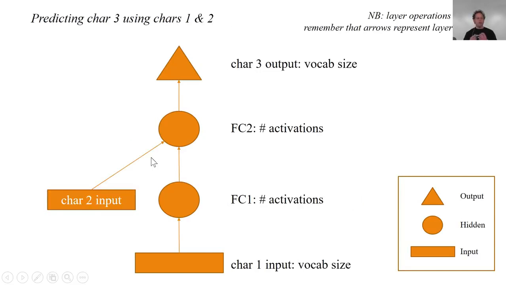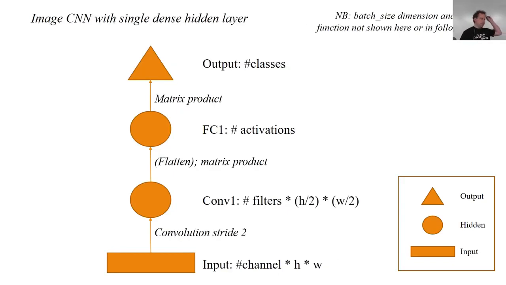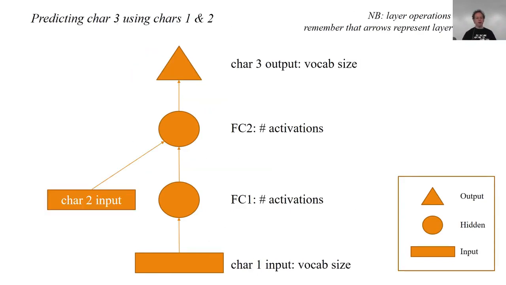All right. Now we're going to jump to the first one that we're actually going to try to create for NLP, and we're going to do exactly the same thing as here. We're going to try and predict the third character in a 3-character sequence based on the previous 2 characters.